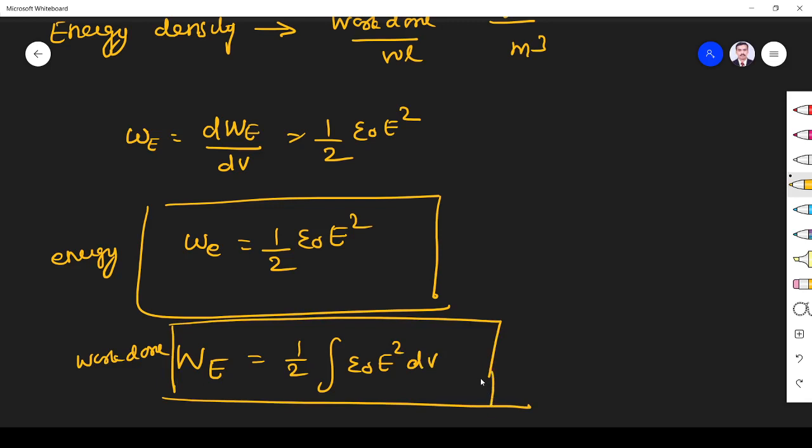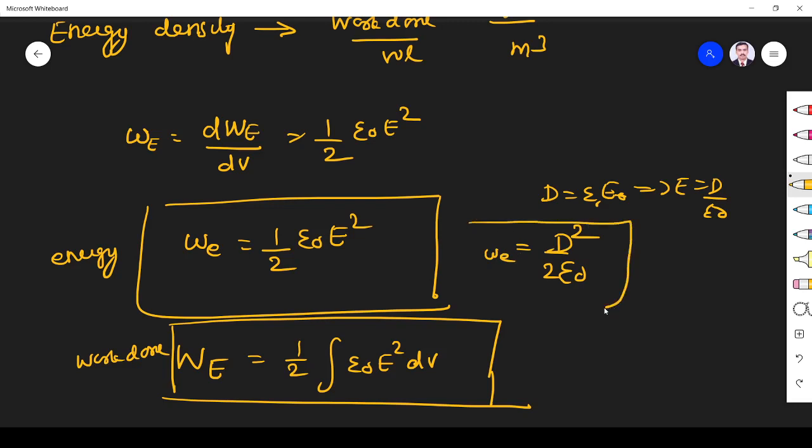Right. So we know D is equal to epsilon naught E, so this implies E is equal to D by epsilon naught. Substitute here, we will get 1 by 2 epsilon naught D square, that is, in terms of D square, you can get w is equal to D square by 2 epsilon naught.